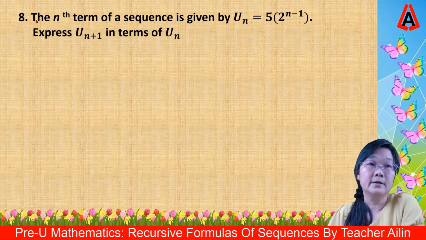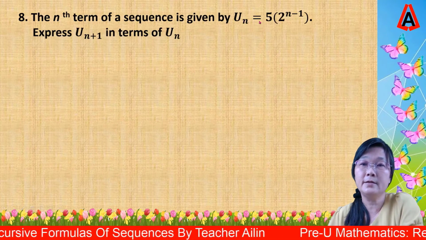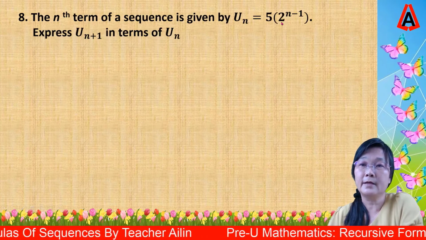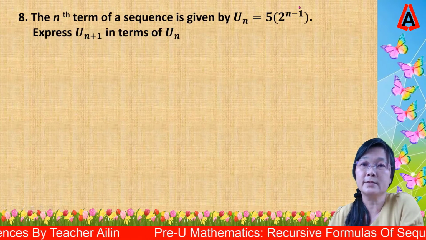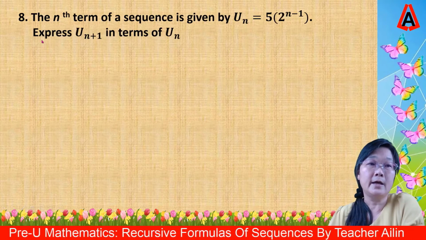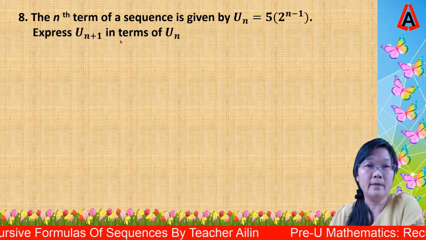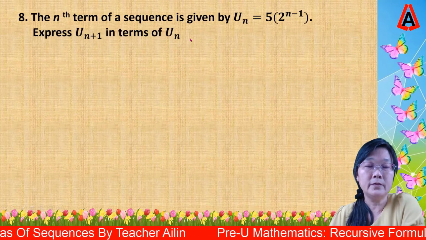Next, the nth term of a sequence is given by un equals 5 times 2 to the power n minus 1. So this is the explicit formula of the sequence. Now the question is to express un plus 1 in terms of un.